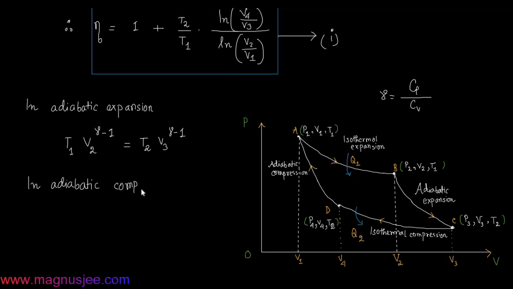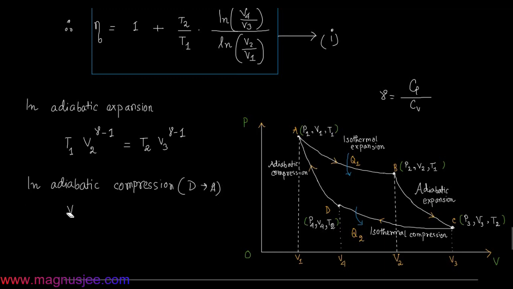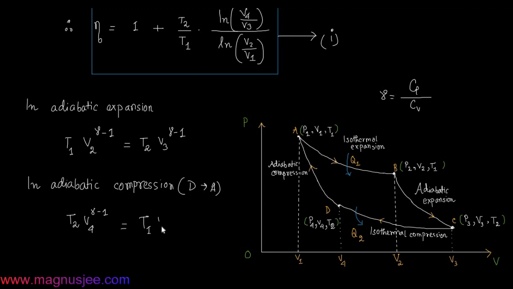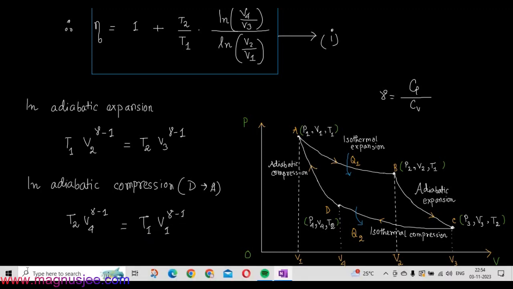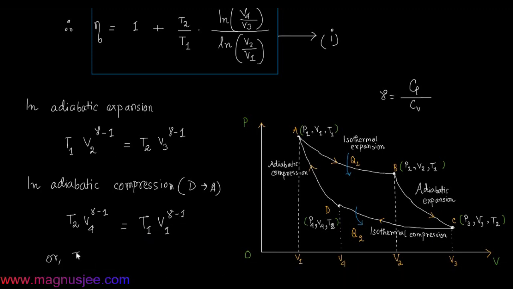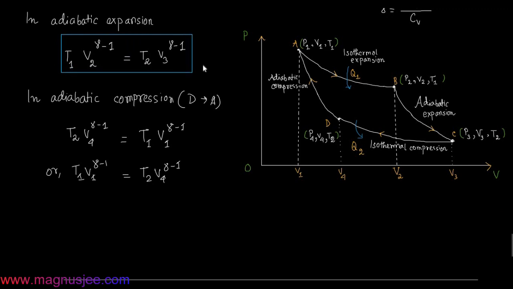In adiabatic compression from the point D to A, we can write T2 V4 to the power gamma minus 1 equal to T1 V1 to the power gamma minus 1, or you can write T1 V1 to the power gamma minus 1 equal to T2 V4 to the power gamma minus 1.